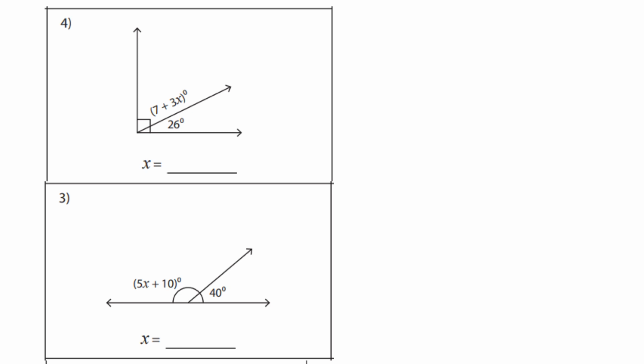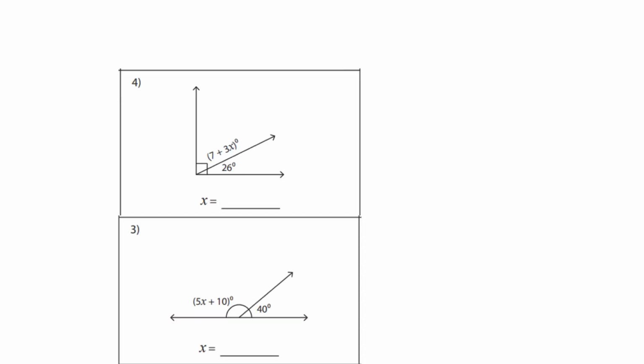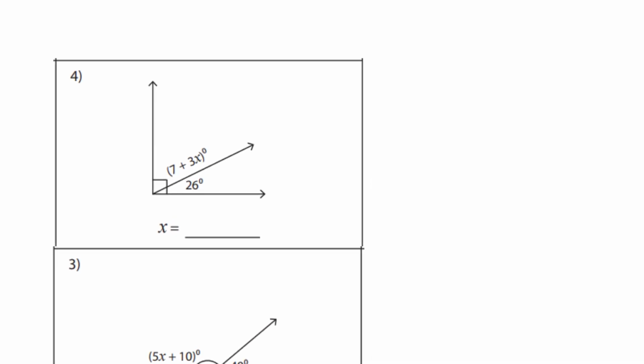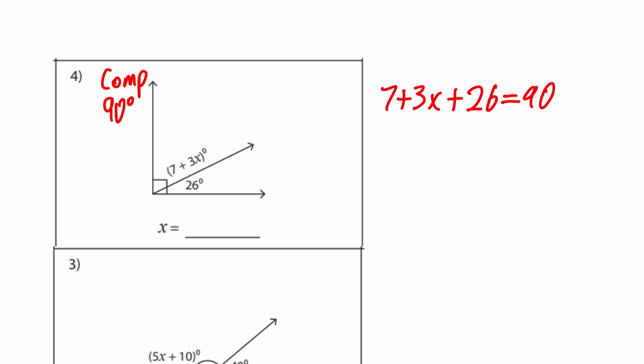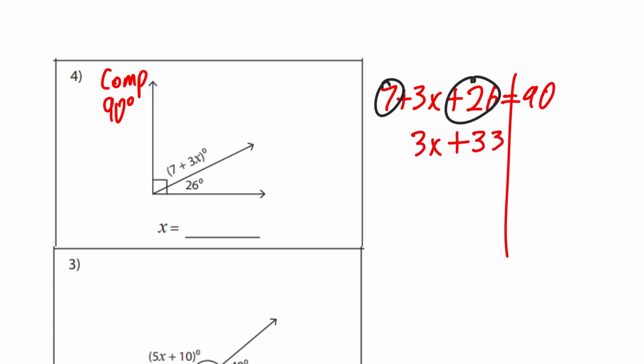Okay, on the back side, on number 4 here, these are complementary, so they add up to 90 degrees. So 7 plus 3x plus 26 equals 90. All right, so we need to combine like terms. 7 plus 26 is going to make 33.